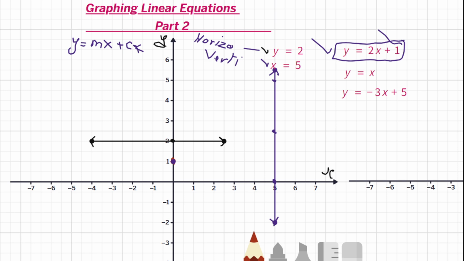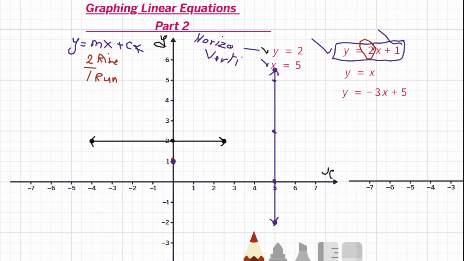Now we need another point to make a line. Since it's 2x, that means the slope is 2, isn't it? And the slope is rise over run. 2 is 2 over 1. If we just add 1 down here, it doesn't change anything, right? So this is how many steps we rise, and this is how many steps we run.